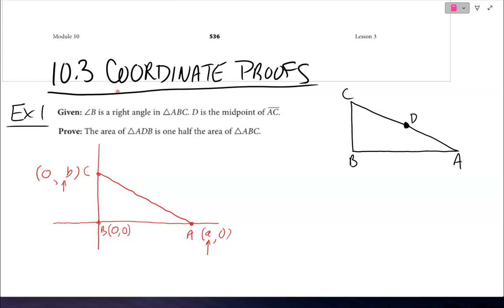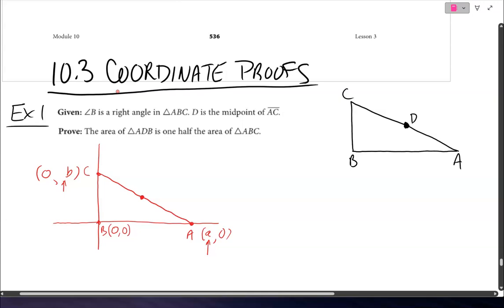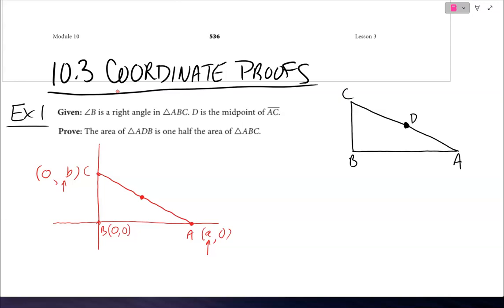The reason we are doing that is because for point D, we said point D is a midpoint. So we know how to find the midpoint using coordinates. Who remembers how to find the midpoint when we know coordinates? Okay, Adeline? Okay, so we find the average of the x's, x1 plus x2 divided by 2, and the average of the y's.